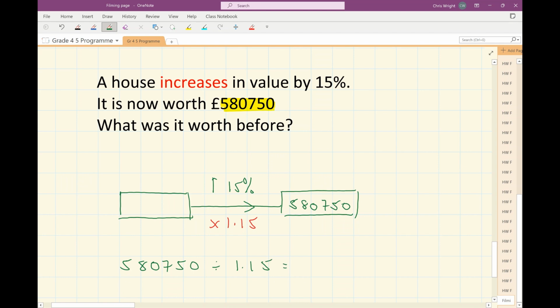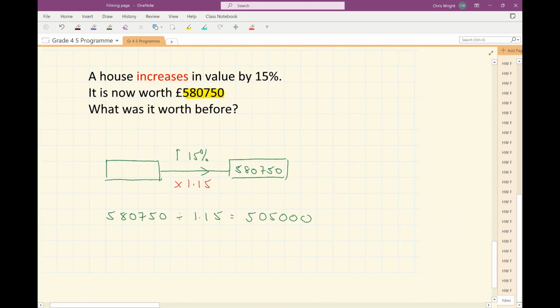Okay, 580,750 divided by 1.15 gives me, I pressed the wrong button, I think I'll do that again. 580,750 divided by 1.15 gives me an answer of 505,000. So that's method one.